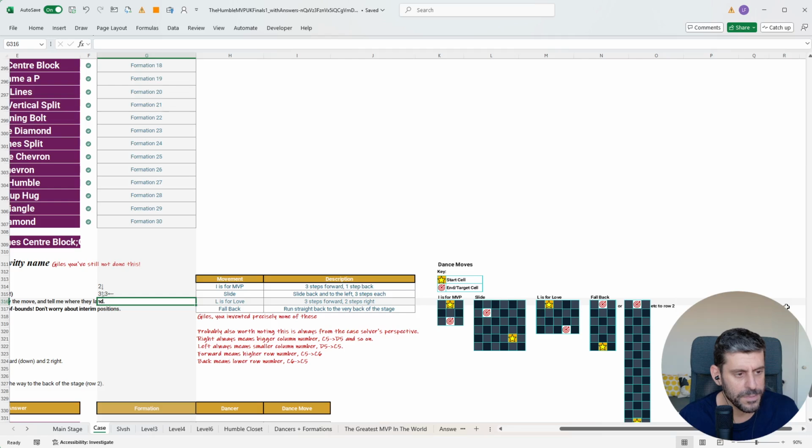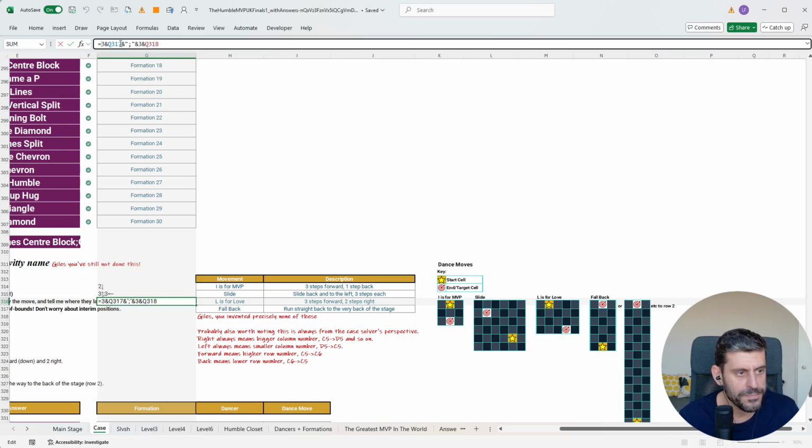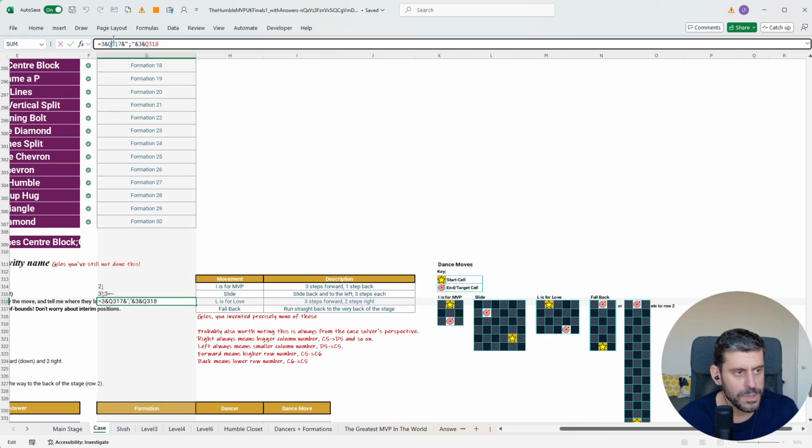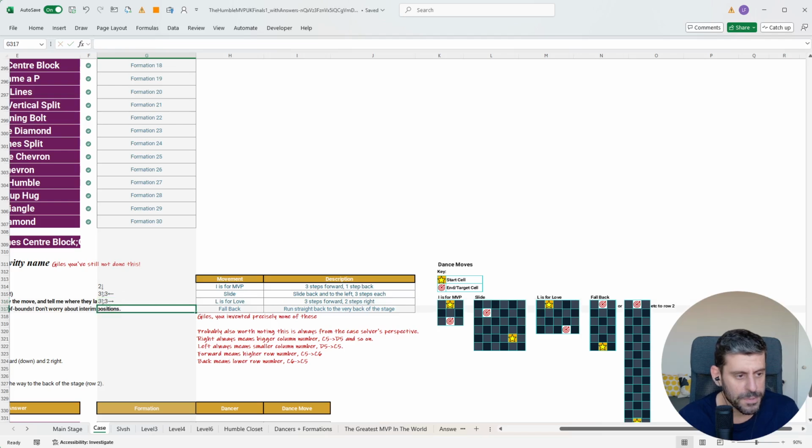Interesting. 3 steps forward, 3 steps right. So 3 steps forward means up. No. Up and 3 right is fine. No, sorry, down, not up. I'm a bit confused.